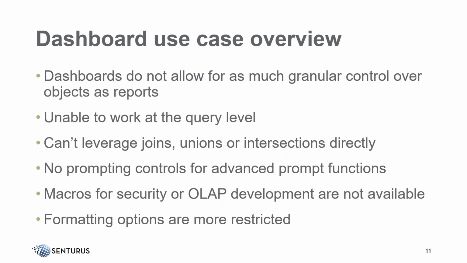Using dashboards will really put you into having data sources that are solid, that are all together: summarized views, materialized views, aggregate tables. Those will work beautifully. Proper star schema FM packages, those will work great. But the minute we have to do a join or a union, then we've got to turn back to reporting.